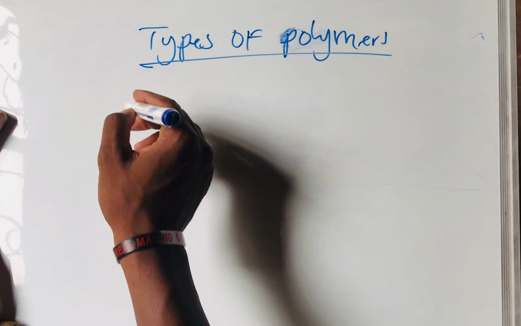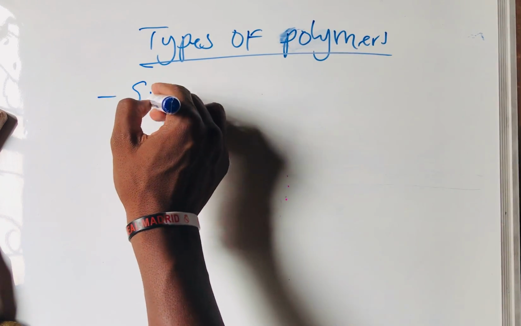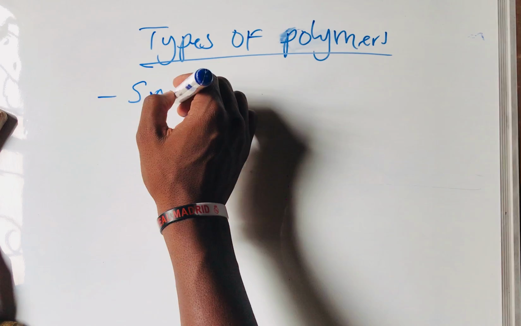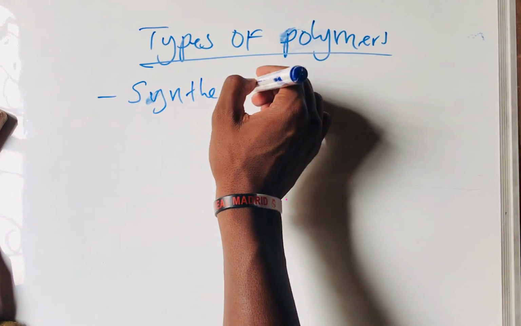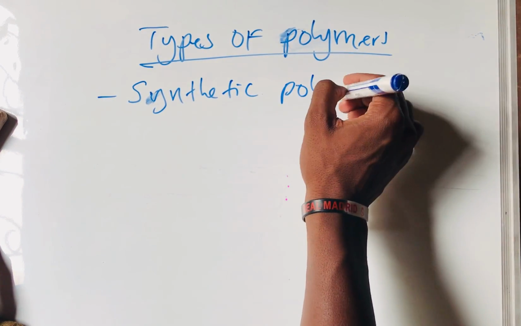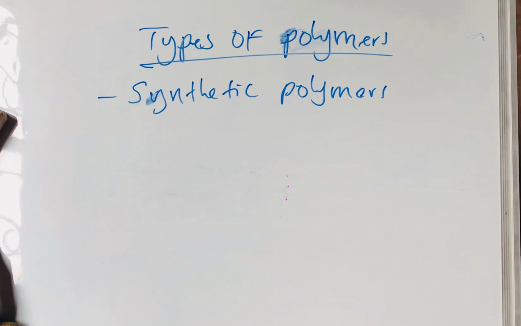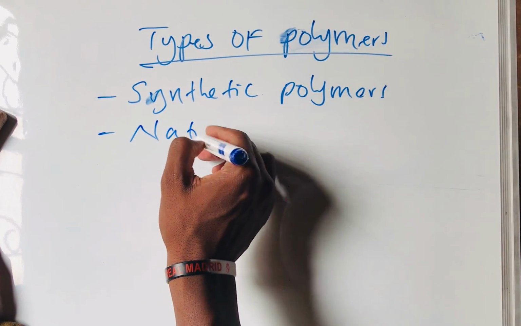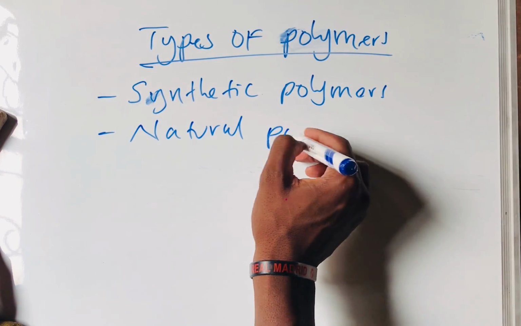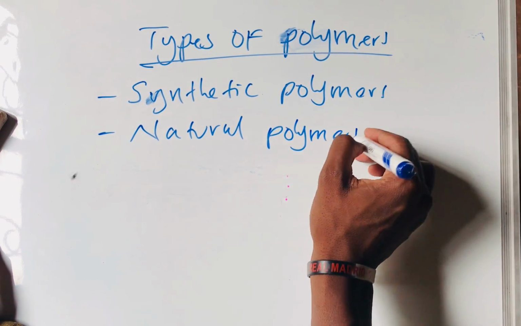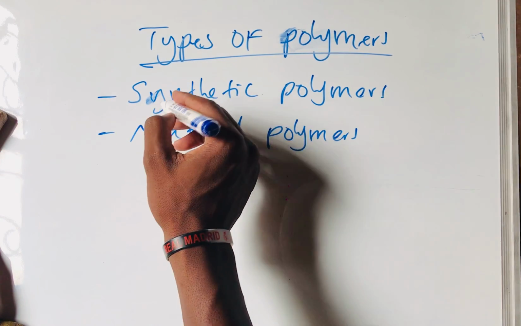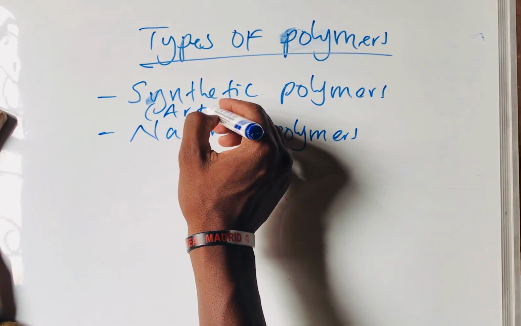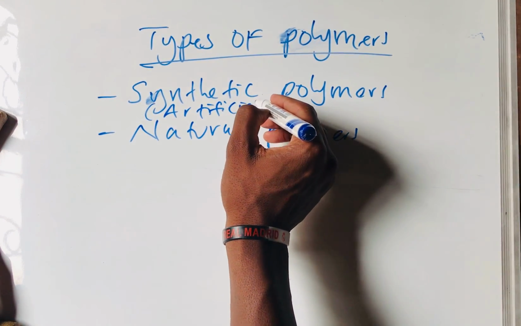Number one, we have synthetic polymers or synthetic macromolecules. We also have natural polymers. Now, synthetic polymers are also known as artificial.